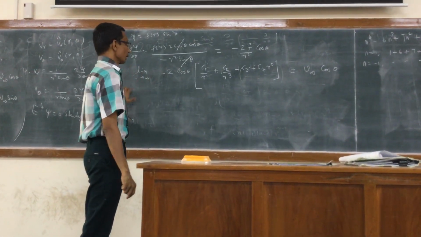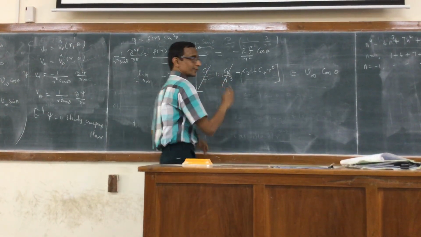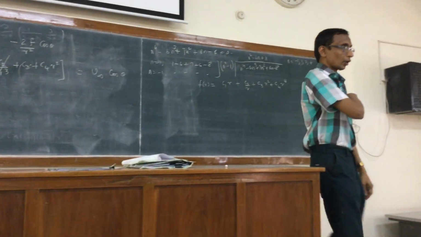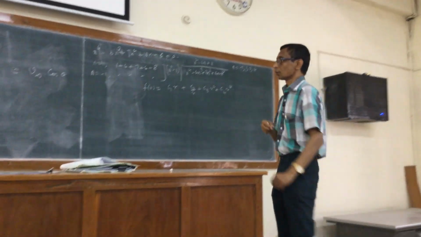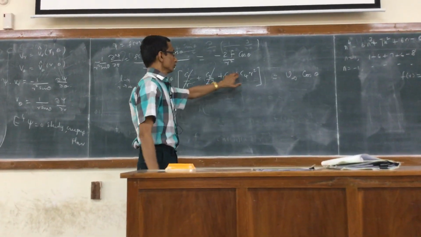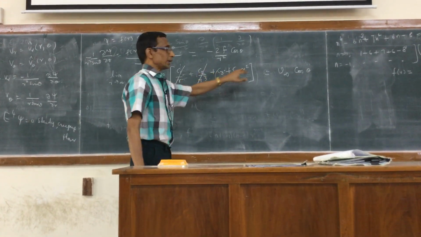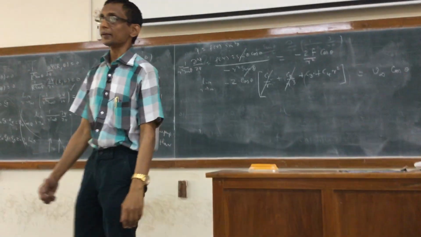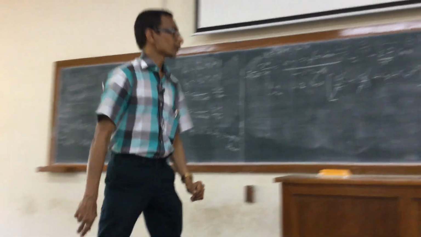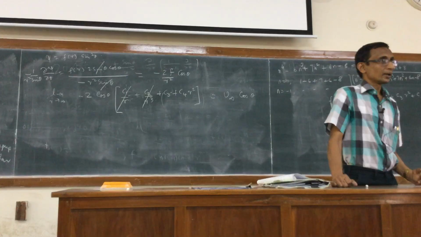So if I take r going to infinity, then clearly, at this stage I am not saying anything about C1 and C2, I have to take them to be non-zero, right? So this will become 0, and so if this has to be equal to B infinity cos theta, clearly C4 has to vanish. That I can say, because as r goes to infinity, otherwise it will blow up, right?